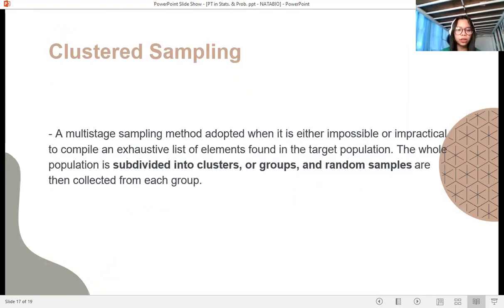The whole population is subdivided into clusters or groups, and random samples are then collected from each group. So a scenario can be considered cluster sampling if there is a group and random samples are collected from each group.